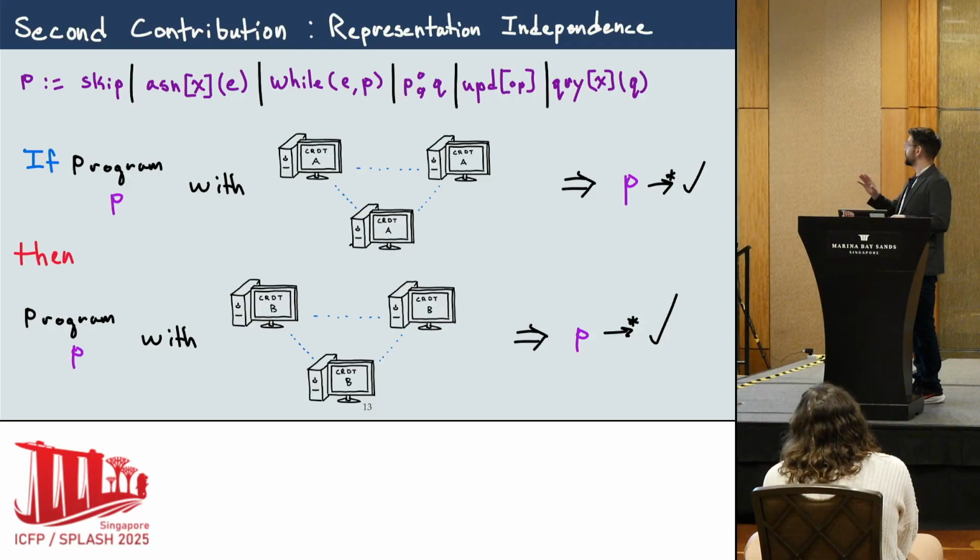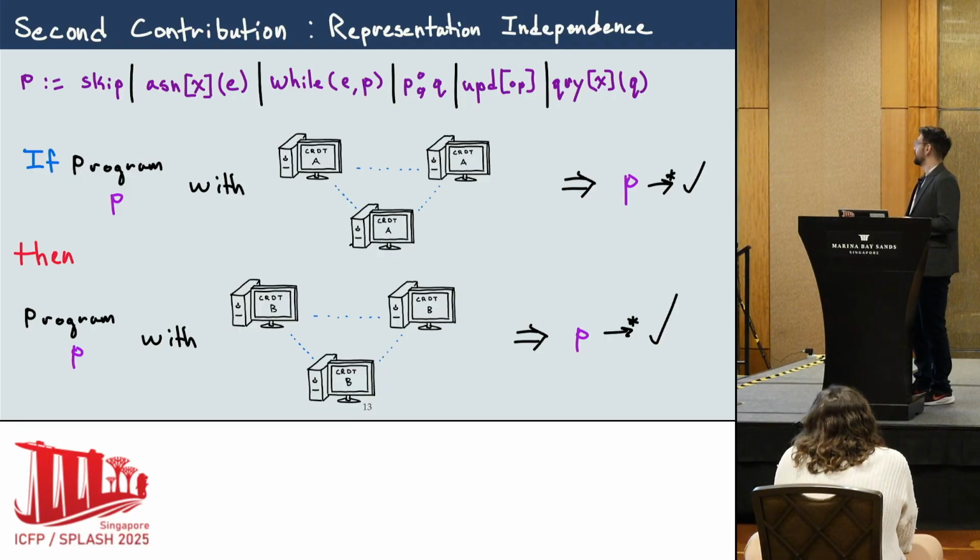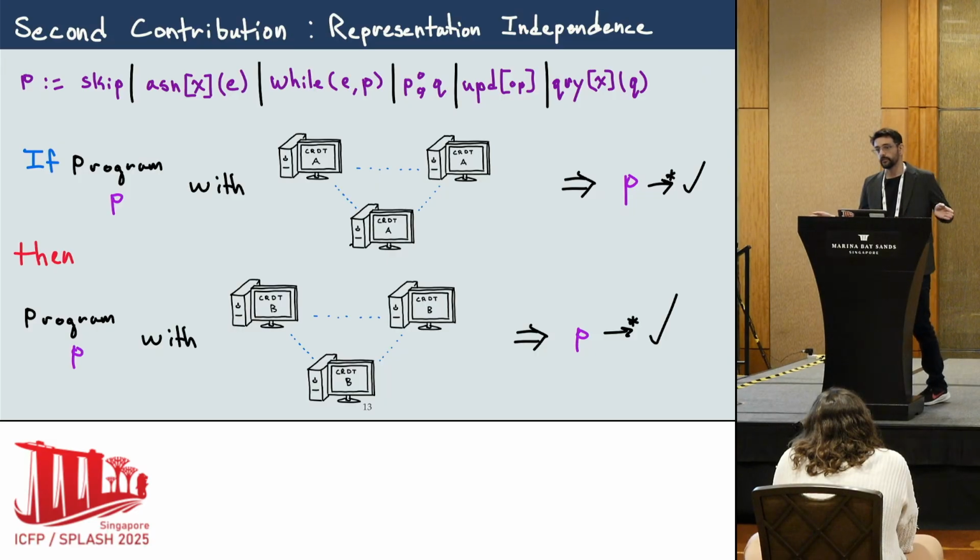We then show that if we have a program P running with CRDT A and that program terminates, then if we translate CRDT A to CRDT B, that program will still terminate. And this also goes in the other direction. So it's actually a co-termination result, meaning that we can't construct a program to differentiate the original CRDT or the translated version. So in that sense, they are equivalent.